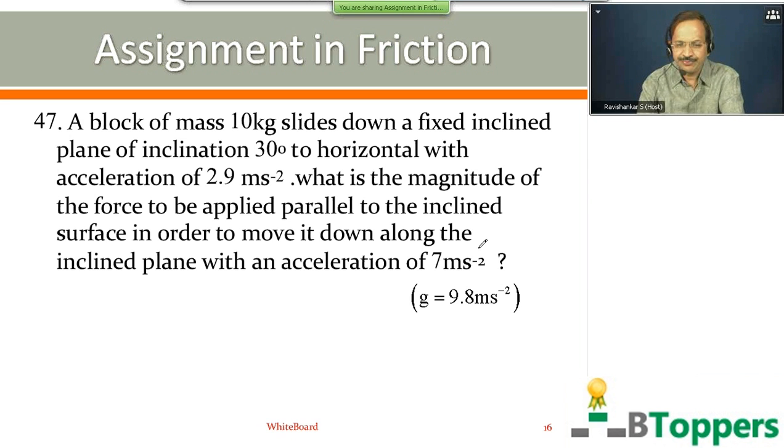So in the first case, it is sliding down the inclined plane under the action of its weight mg and forces by the inclined plane.